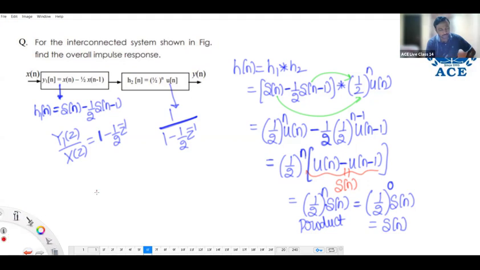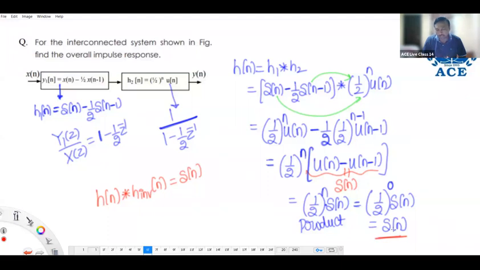Of course, this is what we studied few minutes before as invertibility property. As both systems are inverse to each other, we got the final answer as del n.